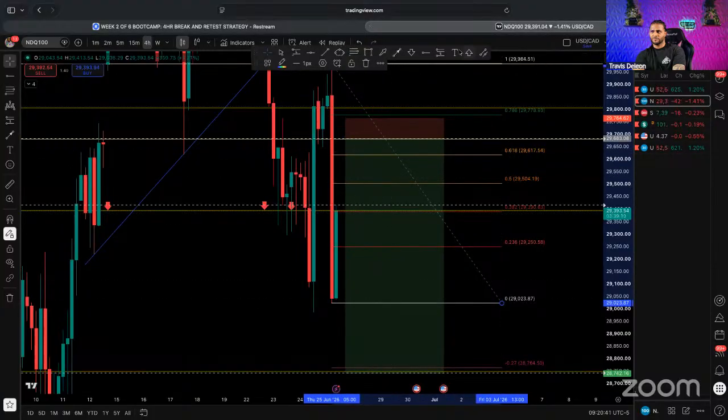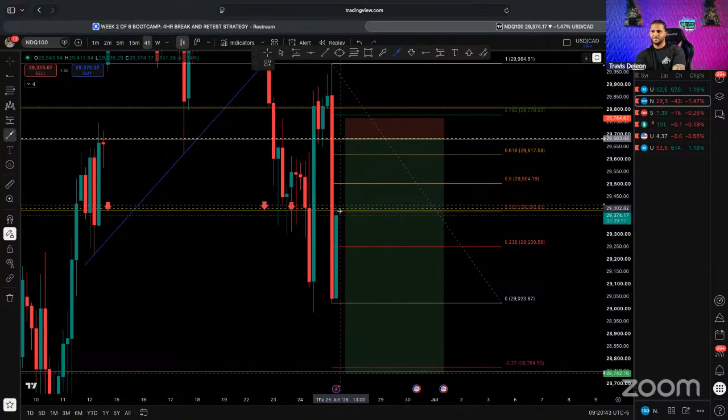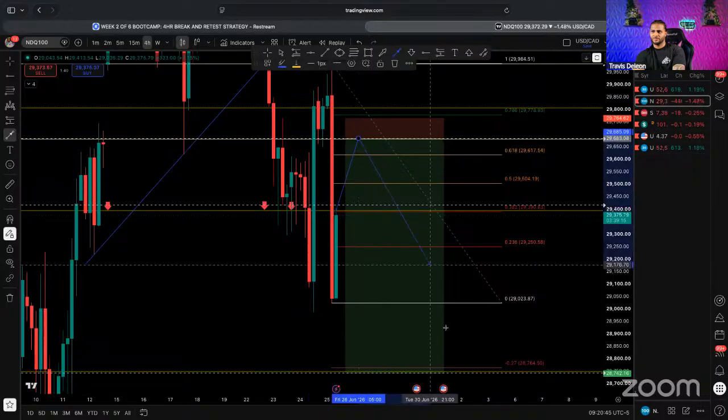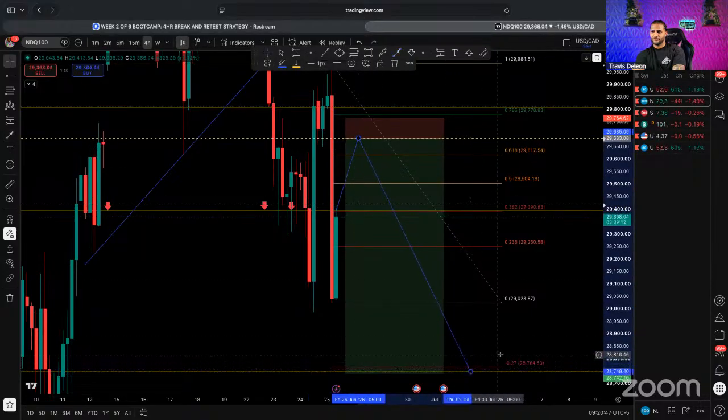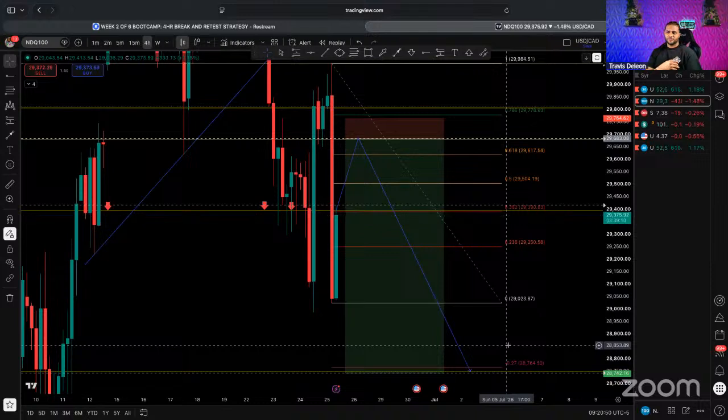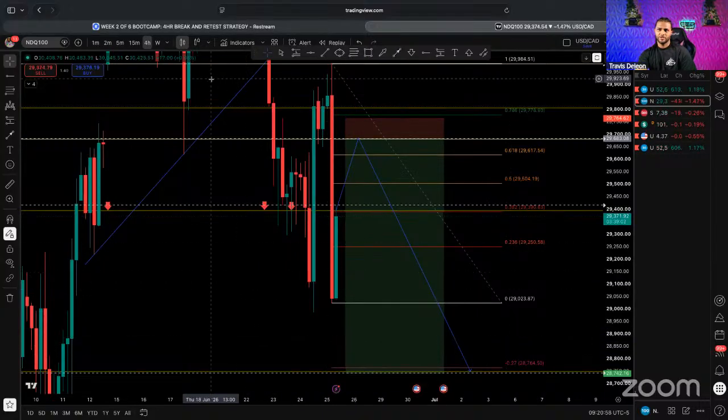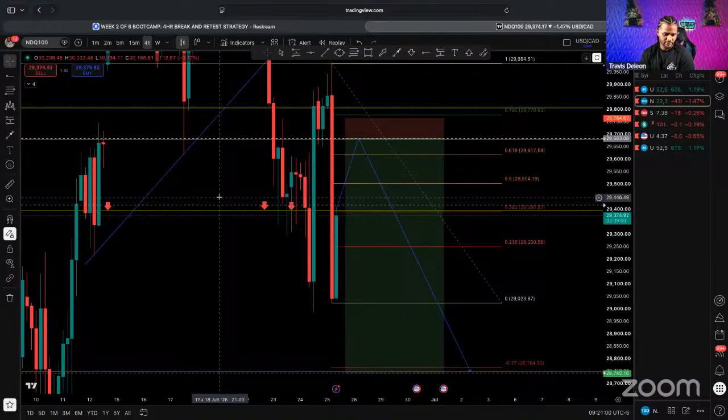So this is what I'm looking for. I'm looking for it to come into here. I'm selling into this level no matter what. As I say, that could be a good entry. You said 29,415.